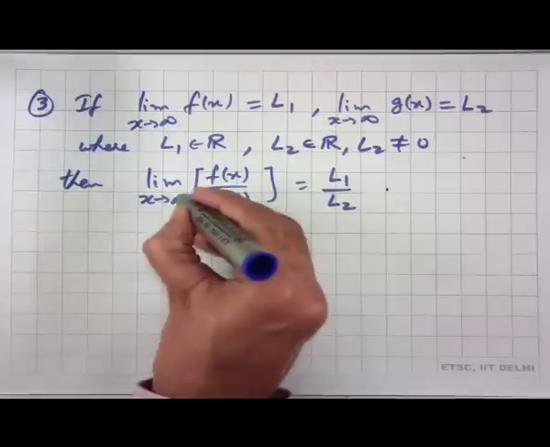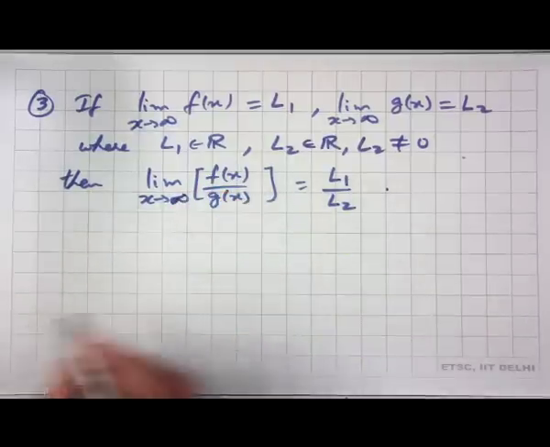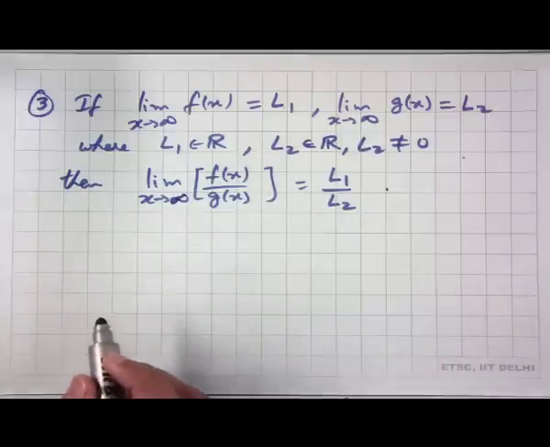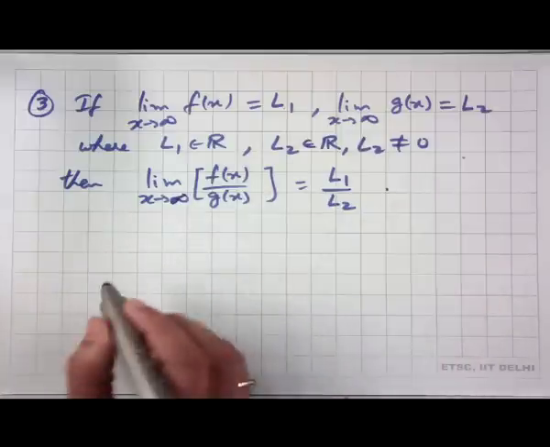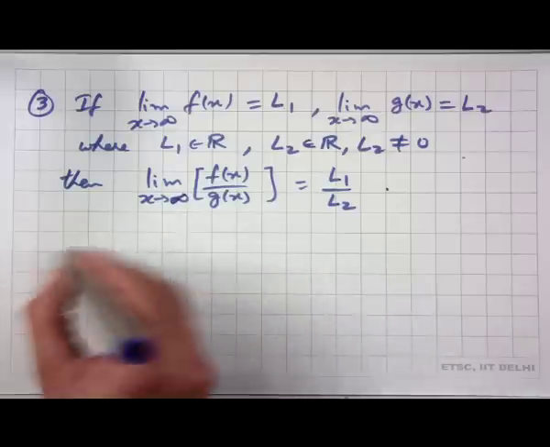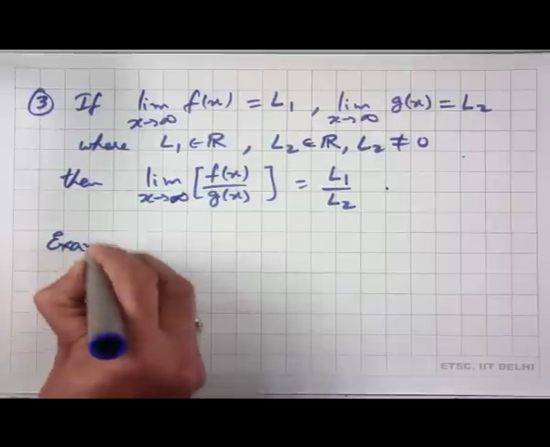Now, if the limit L2 is 0, then we get an indeterminate form. Let me do one example.